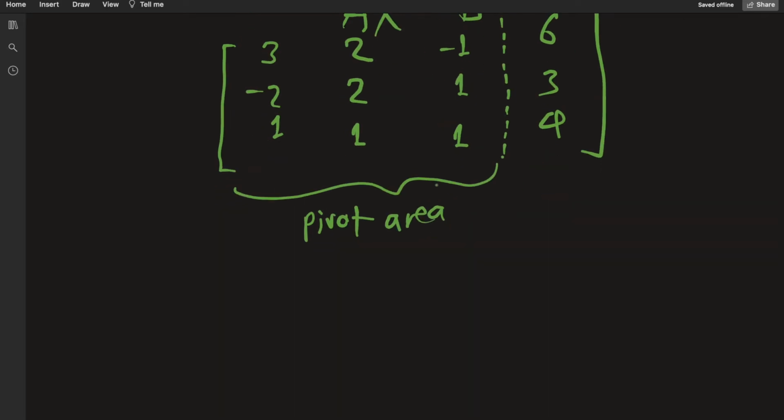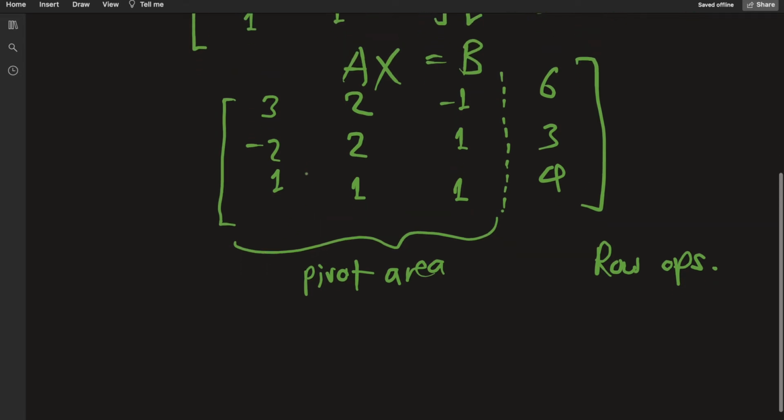Okay, so time to do some row operations. I want a 1 here, the first pivotal position, the top left corner.